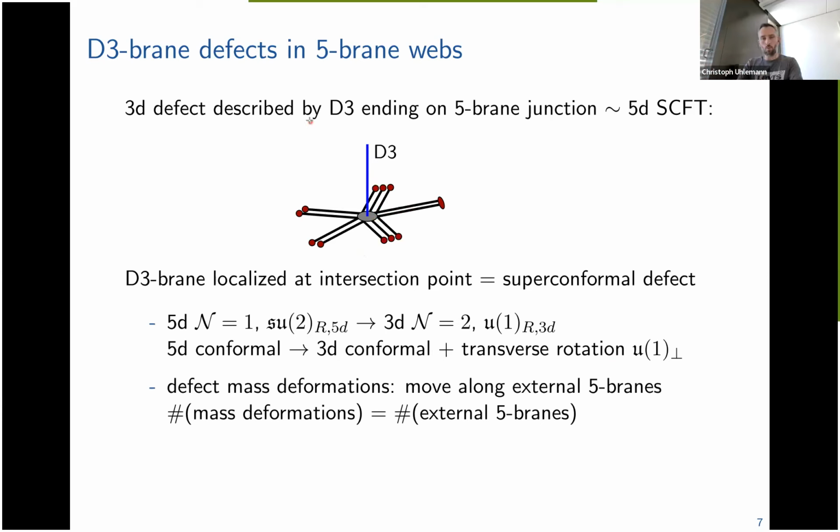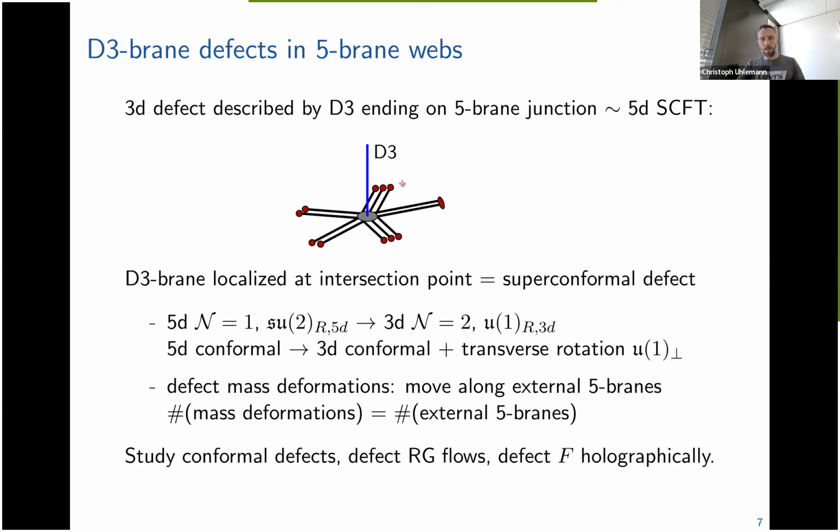So the only way you can move it is basically along some of the external 5-branes. Those kinds of things all introduce length scales, which are only associated with the D3 brane and correspond to defect RG flows. And the number of such deformations then is given by the number of these external 5-branes here, since we have to slide along some of those external 5-branes.